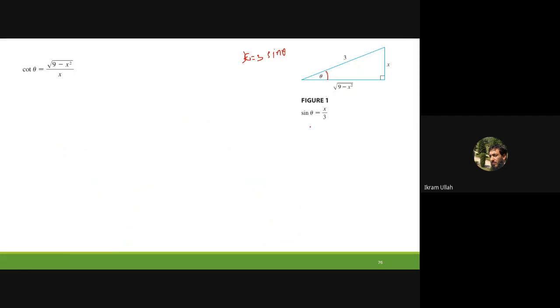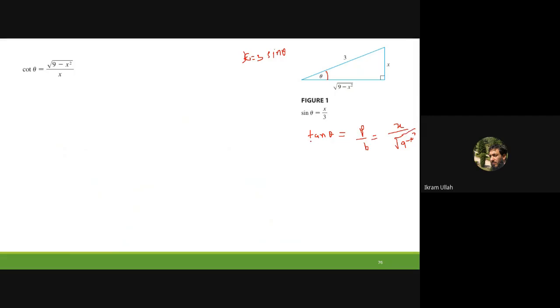So what is cotangent theta? Tangent theta in this triangle is equal to perpendicular divided by base. So this is x divided by the base, and the base is the square root of 9 minus x square.